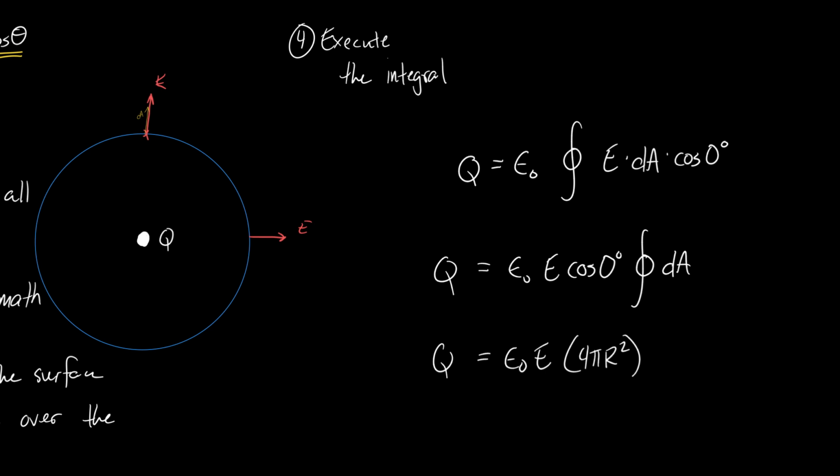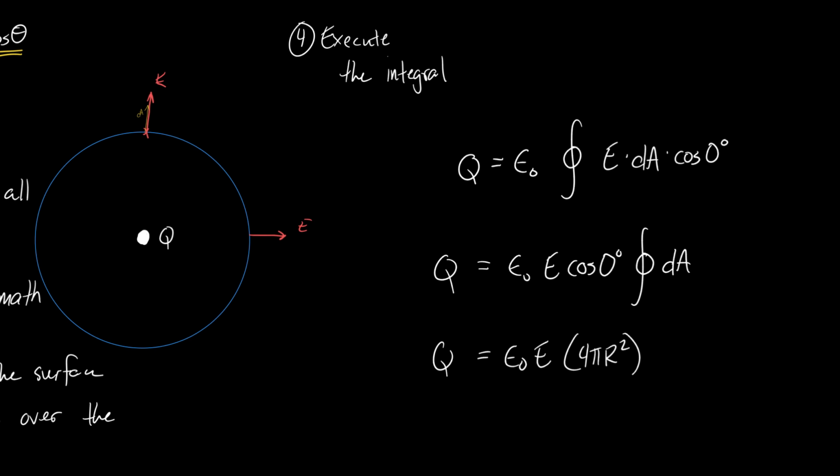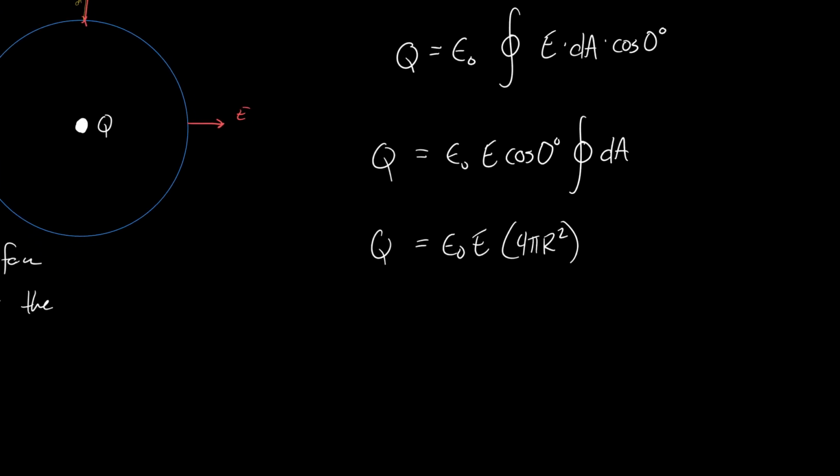Now, we were trying to find the electric field. Can you guys solve that for E? I'm hoping. So I solve it for E, and I'm going to get Q divided by 4 pi epsilon naught r squared.